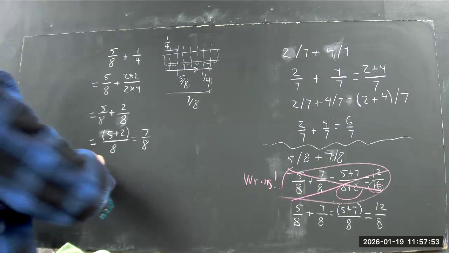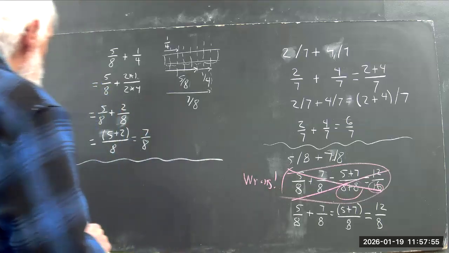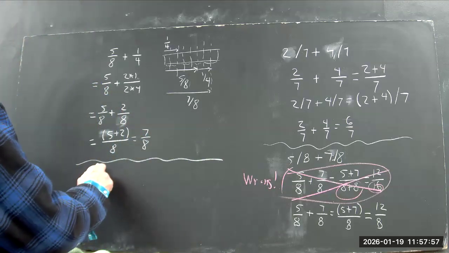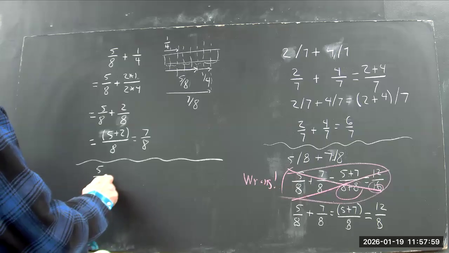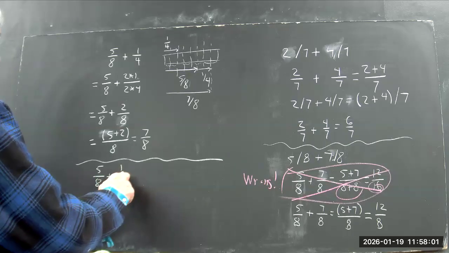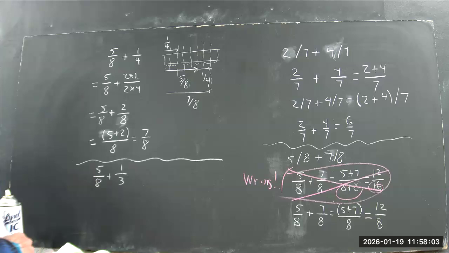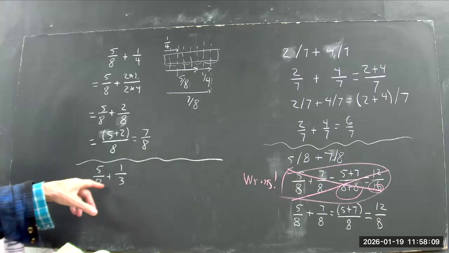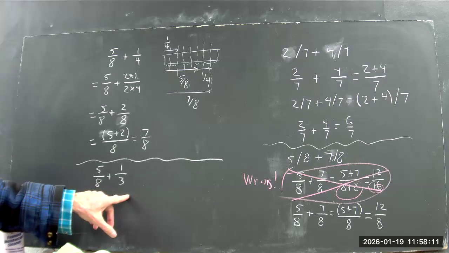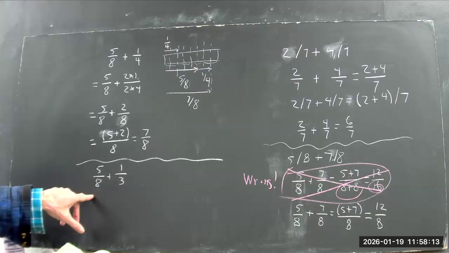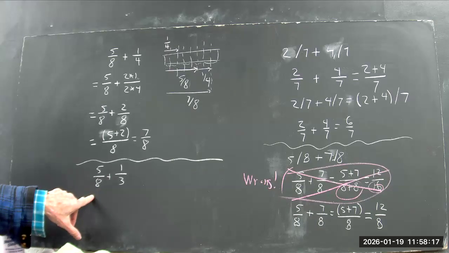What if we wanted to add 5/8 to 1/3? Eight's not a multiple of 3. 8 is 2 times 2 times 2, right? 2 times 2 is 4, and 4 times 2 is 8.